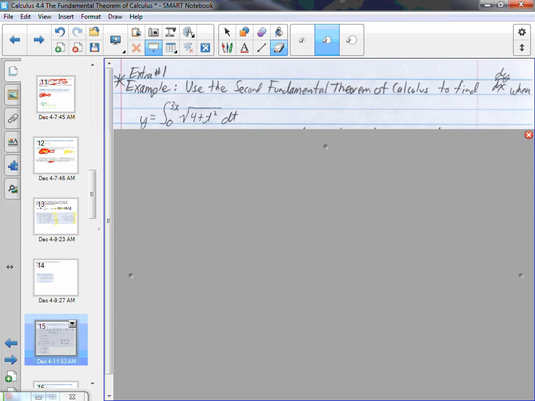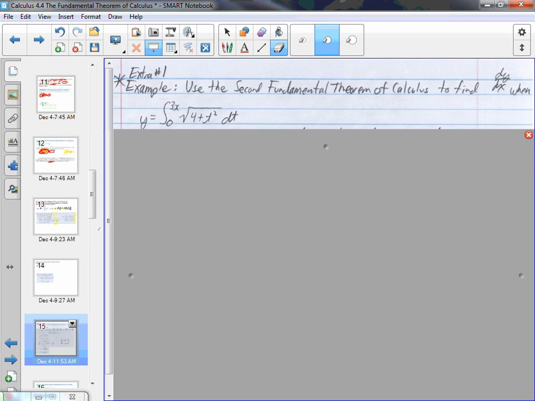So instead of calling it capital F of x, I called it y, equals the integral from 0 to 3x of the square root of 4 plus t squared dt. And this is not exactly what we've been doing. Do you see what's different? It's a 3x instead of an x. Okay?